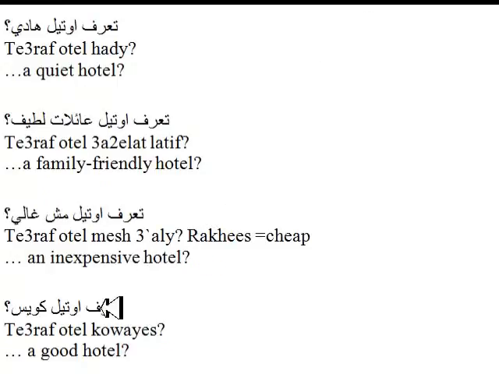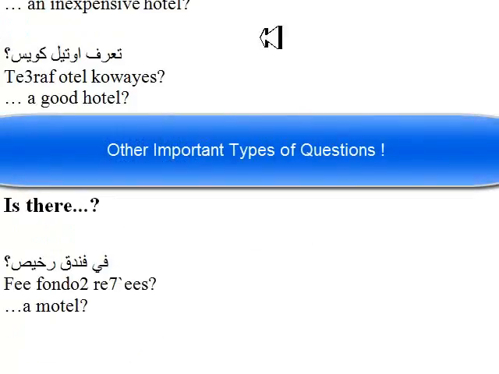تعرف اوتيل كويس, كويس means a good hotel. في فندق رخيص. Okay, so we say تعرف, do you know, and there's another type of question, like is there.